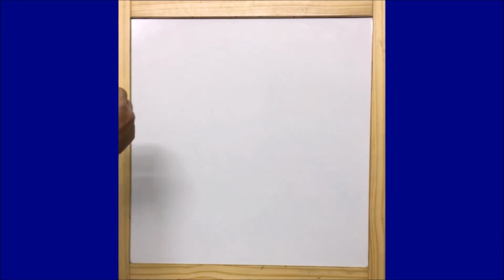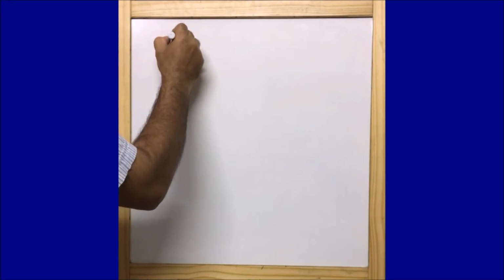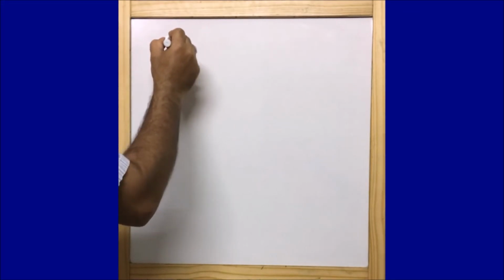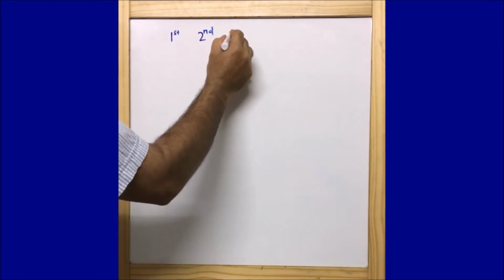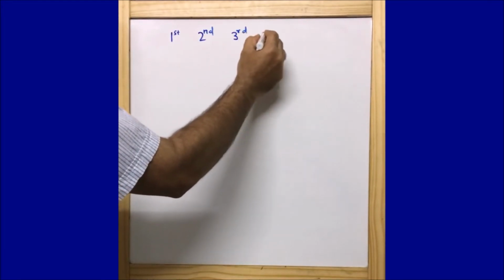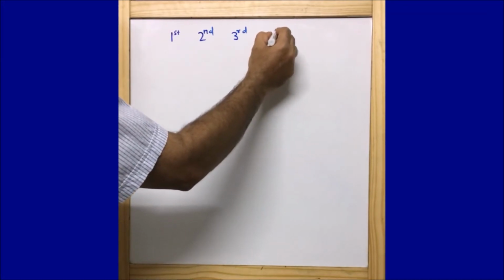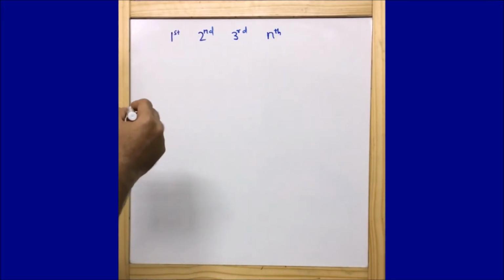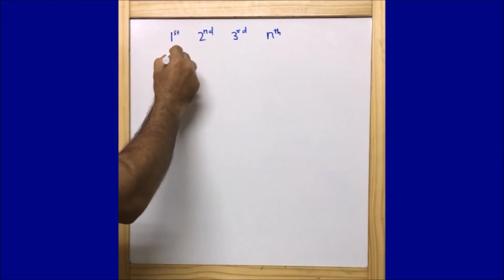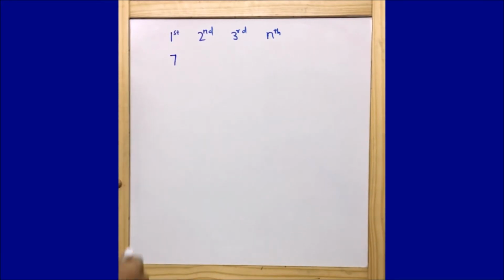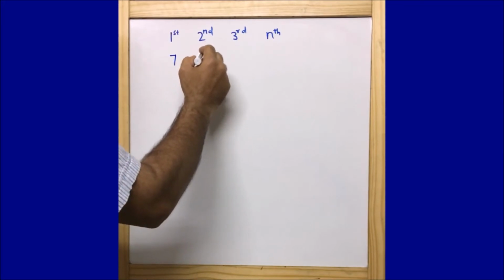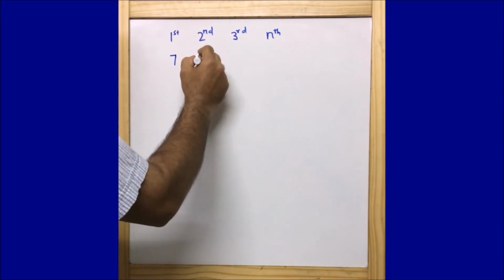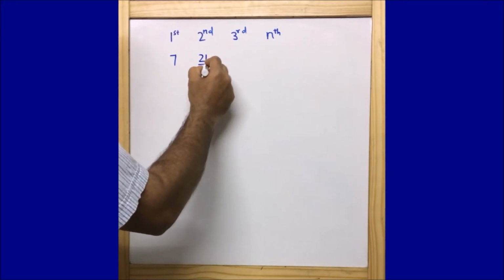As usual, I will put this data in tabular form. I will write first, second, third and nth term. Our first value is 7 and the second value they have given is 10 1/2.